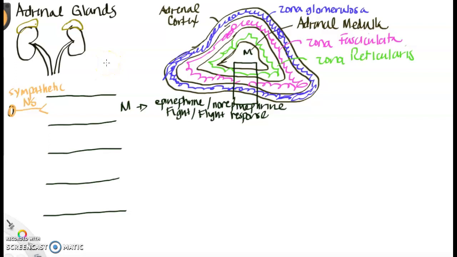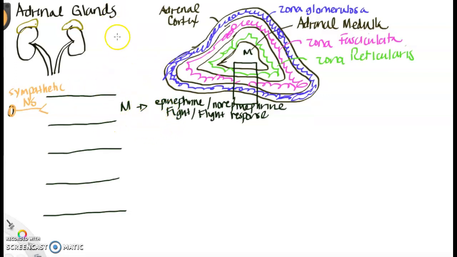So we've got a preganglionic that either goes to a postganglionic that goes to a specific organ like the heart, or we've got a preganglionic that goes to the medulla, which allows for the secretion of the neurohormones, adrenaline and noradrenaline, or epinephrine and norepinephrine, into the blood.